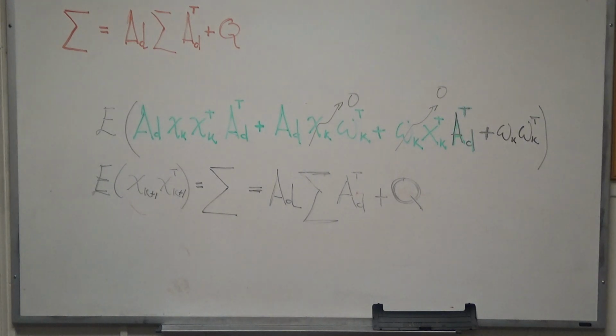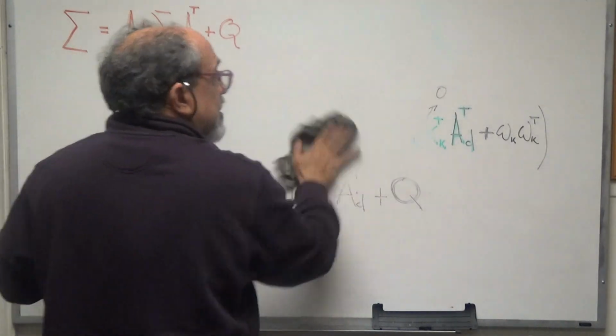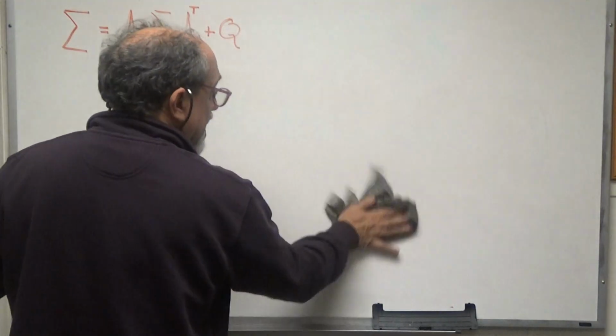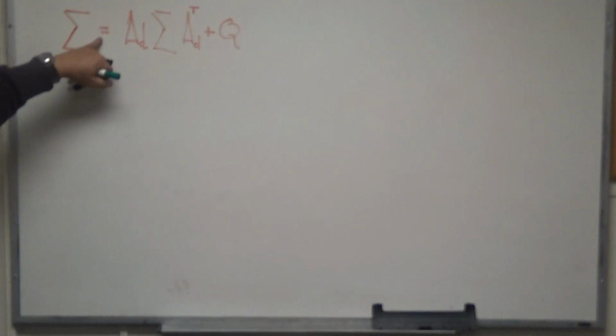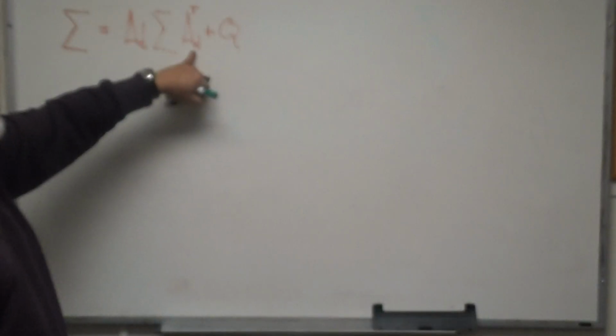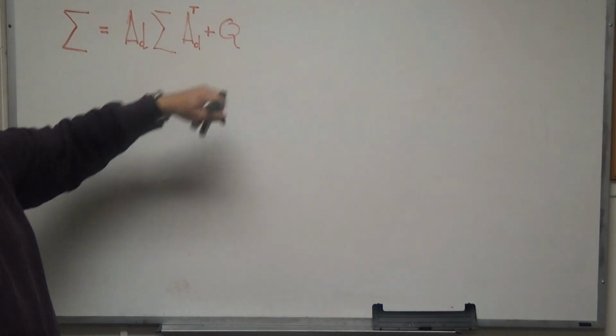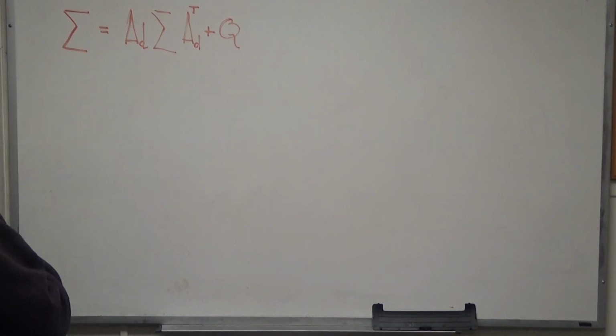That's the first equation we've just developed, which in words states the covariance of the state under steady state response for a stochastic loading that is white is equal to the discrete time matrix times itself times the discrete time matrix transpose plus Q. All right? That's it. That's one equation.